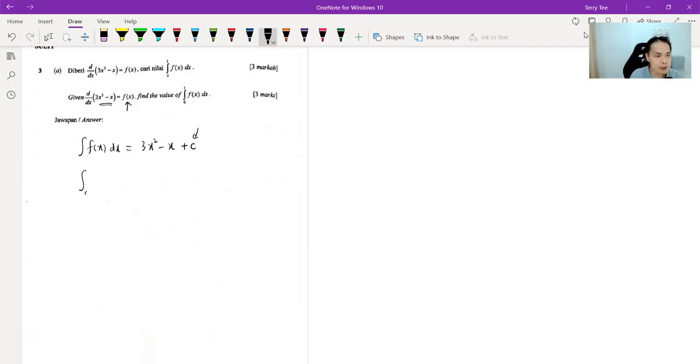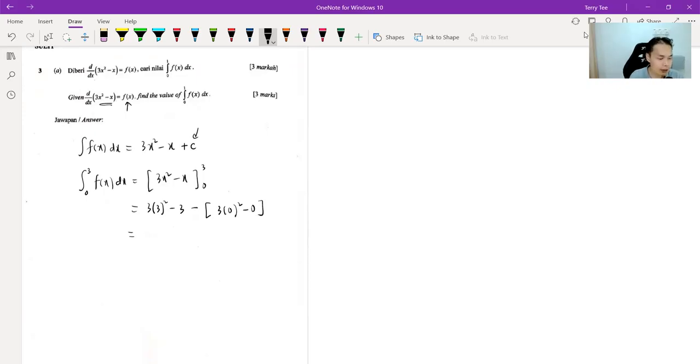Now, as we sub in the limit 0 to 3 for f(x) dx, this time we have to put a square bracket like this, and sub in the limit. Here the lower limit is 0, upper limit is 3. We put 3 inside here, 3 times 3 squared, minus 3, and we sub 0 inside, 3 times 0. In fact, you don't have to write 0 like this, because the entire thing is just 0.